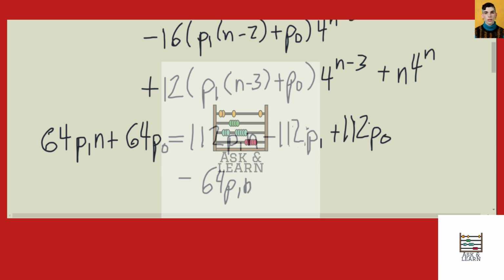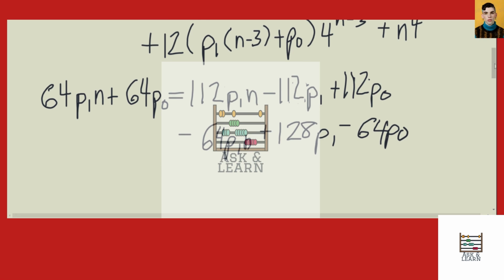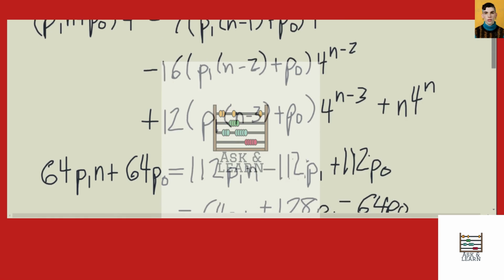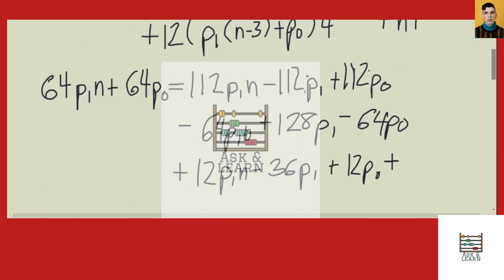And this is an n minus 2, so this is going to be plus 2 times 64, which is 128 p_1 and minus another 64 p_0, plus, and here this is simply 12 p_1 n minus 3 times 12 is 36 p_1 and plus 12 p_0, plus, and 4 to the n over 4 to the n minus 3 is 4 cubed. This is going to be 64 times n.